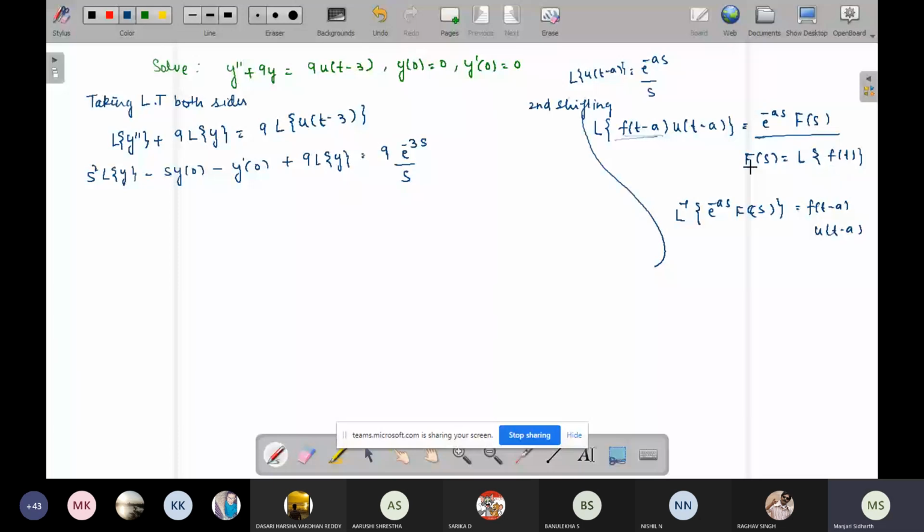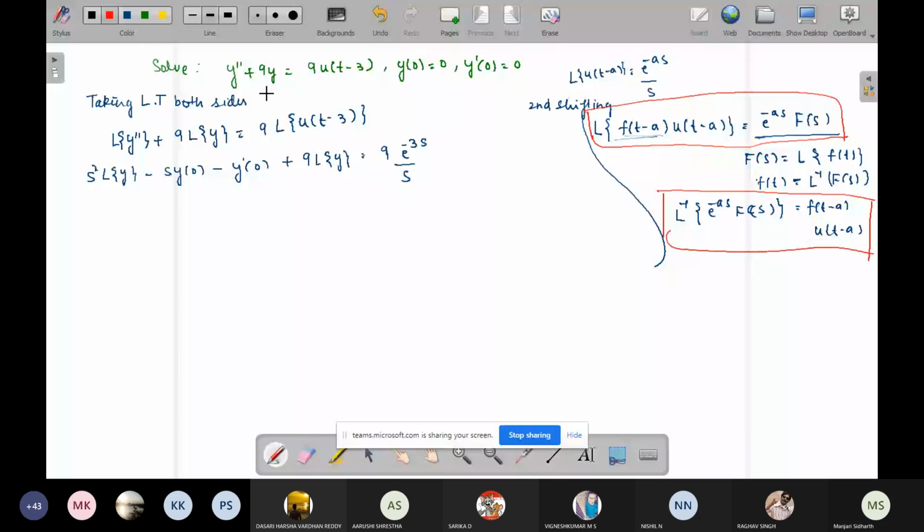Just take the inverse Laplace transform here, f of t is L inverse of F of s, and then replace t by t minus a. So this is very important. Please remember these two properties, for the Laplace transform and for its corresponding inverse. Very important.